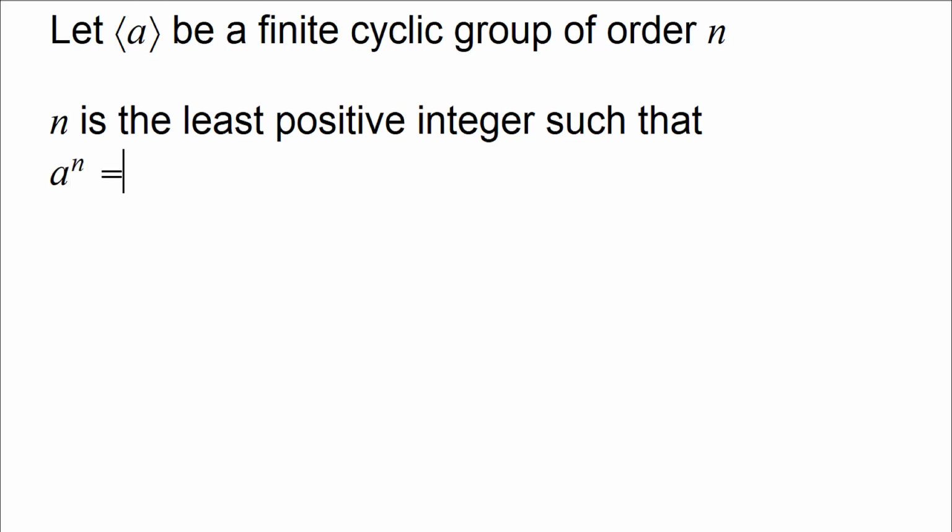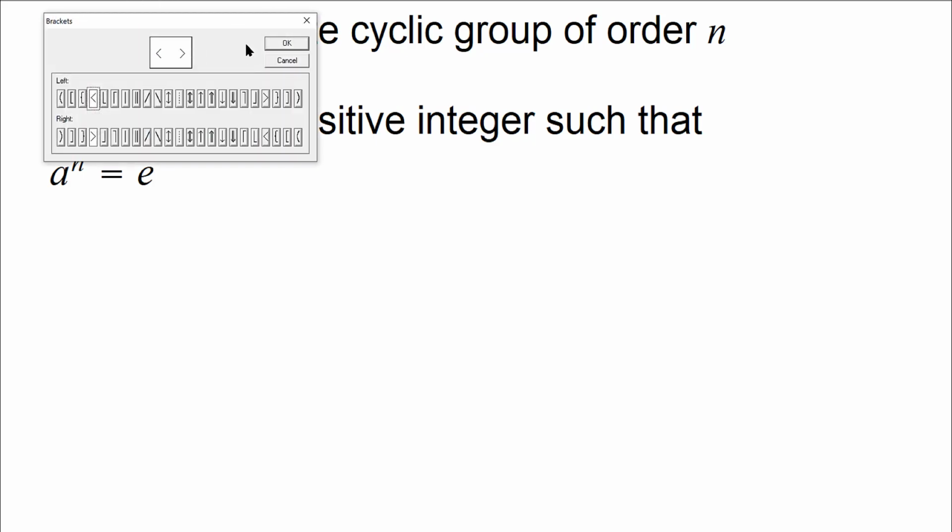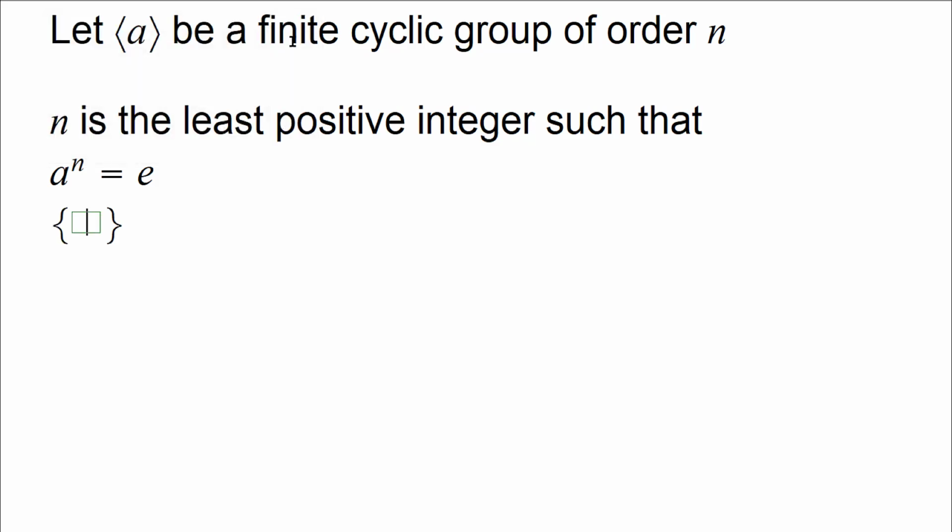Here we can see that the distinct elements of A will be e, a squared, a cubed, and so on up to a to the n minus 1, because a to the n becomes identity again, and then the cycle repeats.